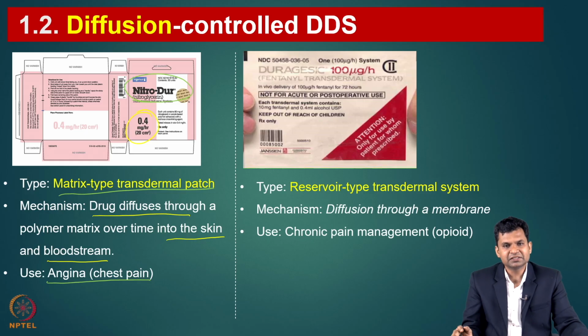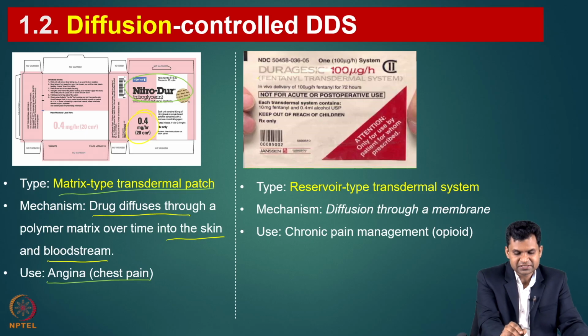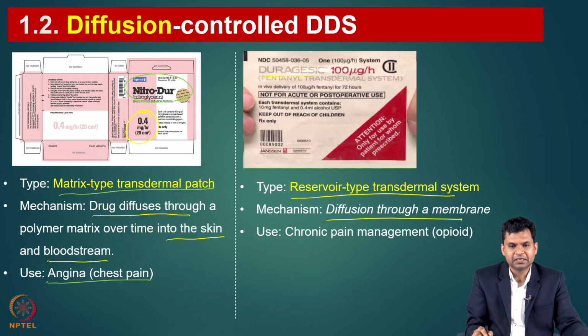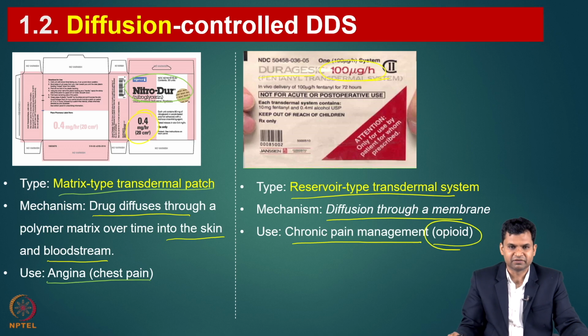The other one is Duragesic. It is again a reservoir type transdermal patch, and this also releases the drug through diffusion. It can be used for chronic pain management, and the drug comes in the class of opioid drugs. The dose is 100 microgram per hour.